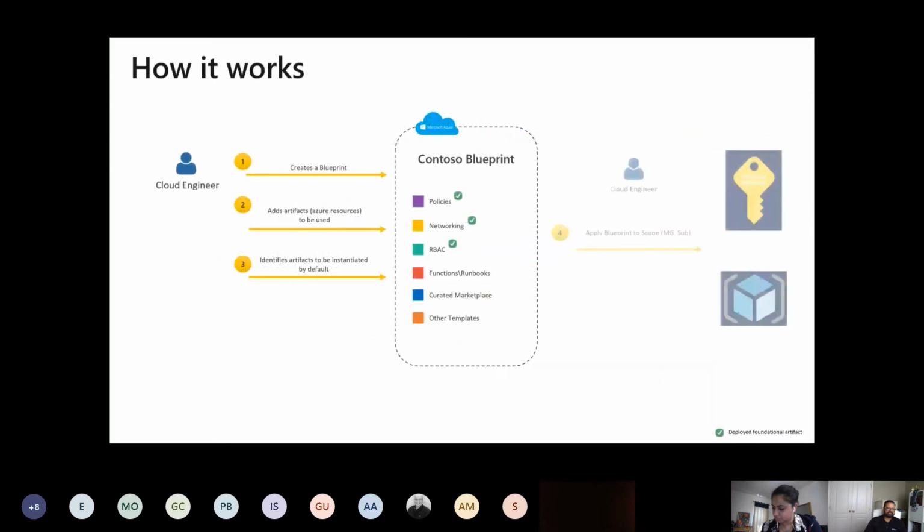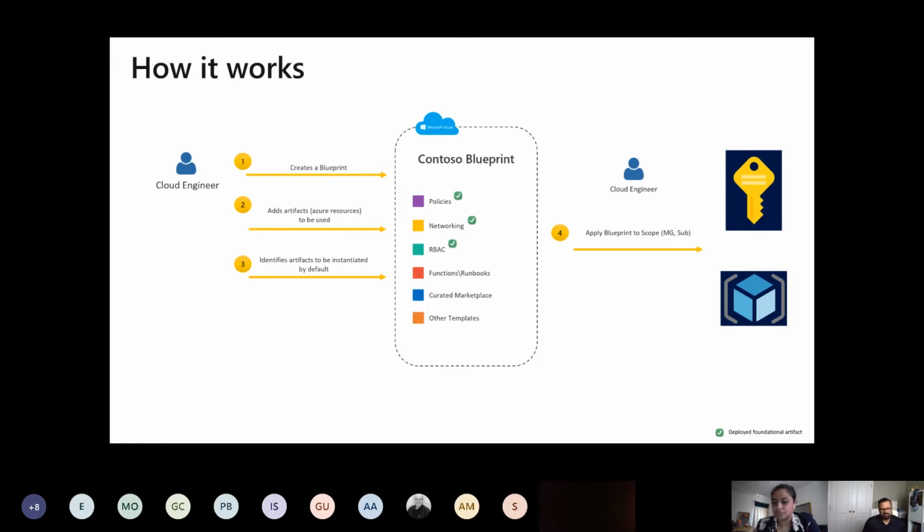How does it work? Someone creates a blueprint, publishes the blueprint, and assigns it to a subscription or a resource group. After that, anything that happens within that subscription or resource group is compliant with the blueprint, and the policy is also immediately applied. It could be an audit policy.